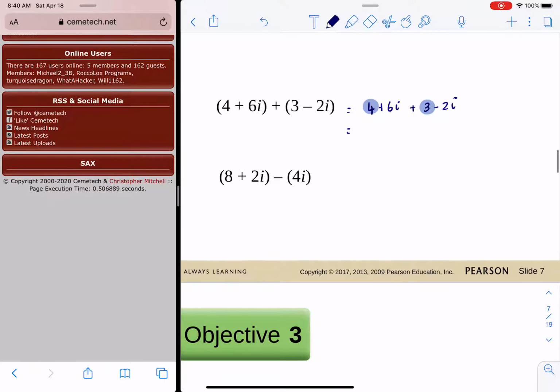Put an i and combine the imaginary parts, 6, negative 2. 4 plus 3 is 7. 6 minus 2 is 4. We have 7 plus i times 4, or 4i. So it's entirely up to you. You can either write it that way, or you can write it as 7 plus 4i.